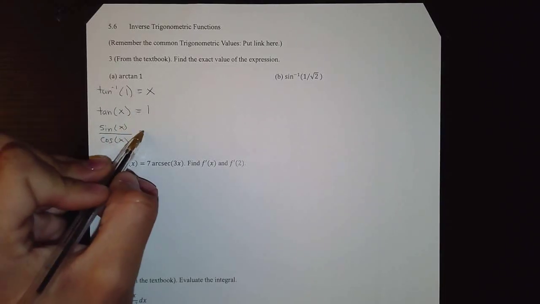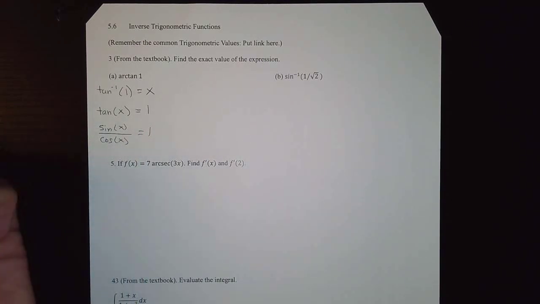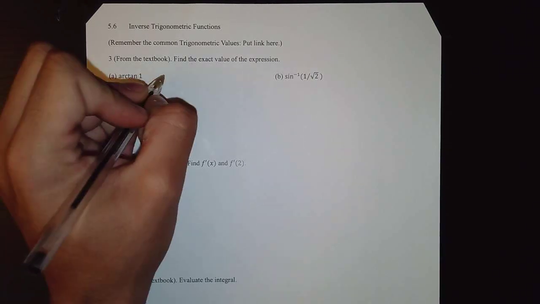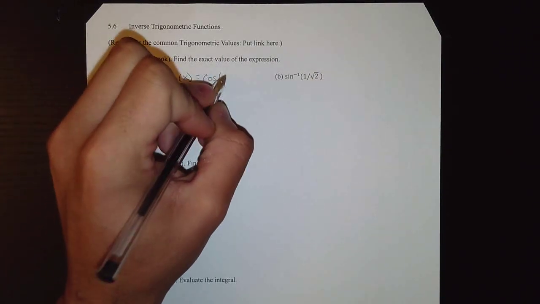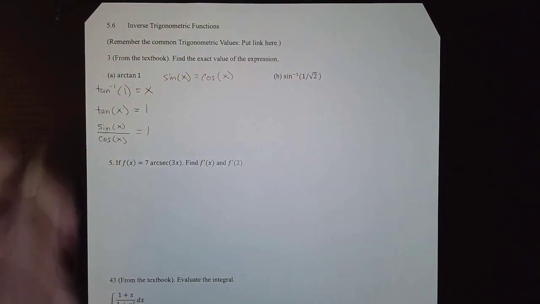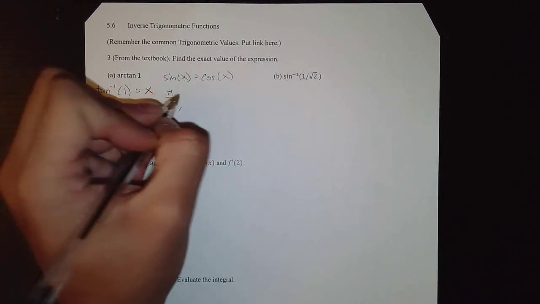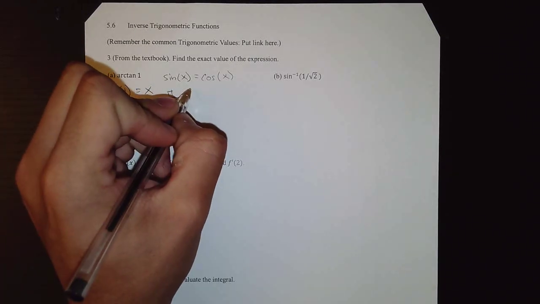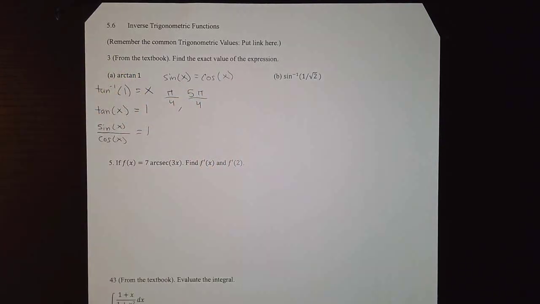And if we bring down our right hand side, we can multiply both sides by cosine of x, and so we would get the equation sine of x equals cosine of x. Well, this is only true at pi divided by 4 and 5 pi divided by 4.